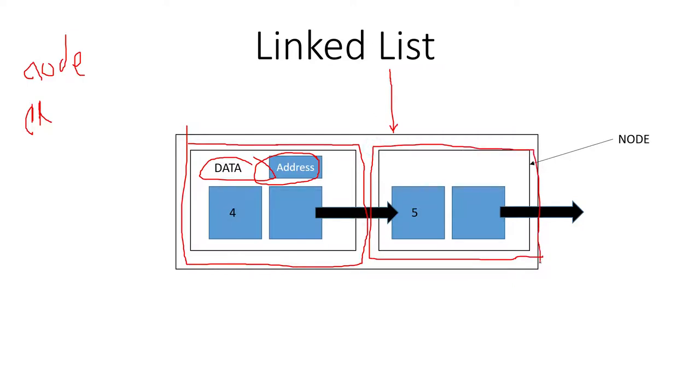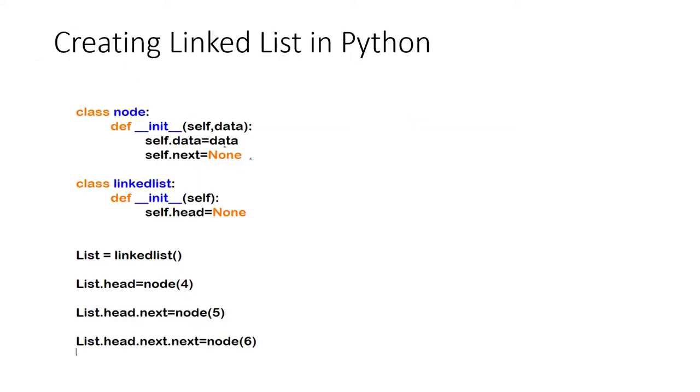We have to create this smaller object first, and in that we'll be initializing one data part and one address part. You can do self.address, but I did self.next as it will be pointing to the next part. So our smallest elements, or these blocks, are ready now.